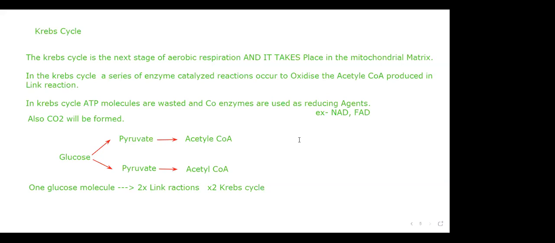Like a glucose molecule, one glucose molecule has to go how many times to complete the entire breakdown? One glucose molecule, how many link reactions should it go? 2 link reactions. How many Krebs cycles should it go? 2. So one link reaction produces one product, and one Krebs cycle produces one product.